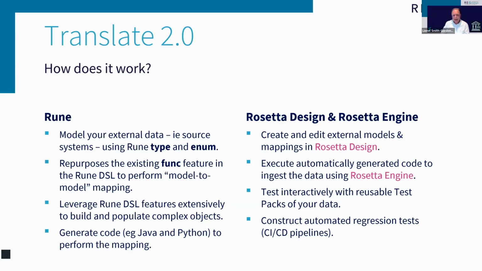On the right-hand side of this page within Rosetta Design, we also have the facility for you to create and edit those models. And then in the Rosetta engine, the ability to test that by running the code. As I said, RUNE supports code generation. So within Rosetta, we create the executable code and run it effectively behind your browser, which allows you to do interactive testing.